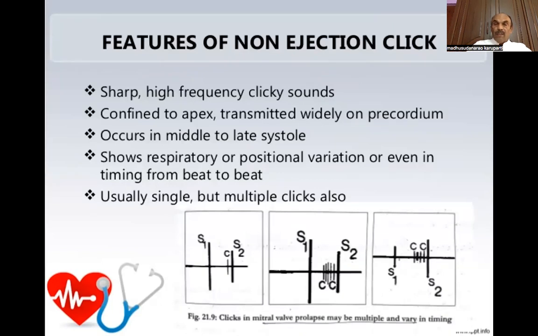They are short, high-frequency clicky sounds, confined to the apex or transmitted widely on the precordium, occurring in middle or late systole, showing respiratory or positional variation, and varying in timing from beat to beat. Usually single, but multiple clicks may also be there. So they are not localized strictly. They can be heard all over the precordium.